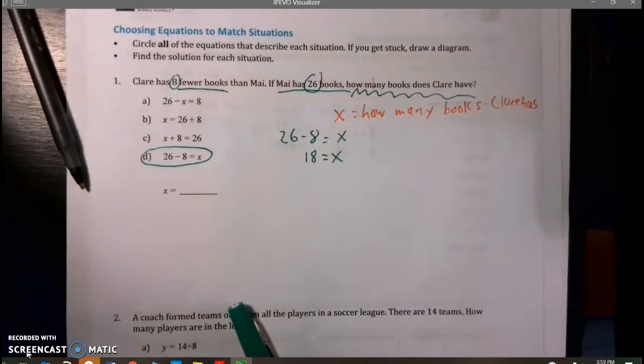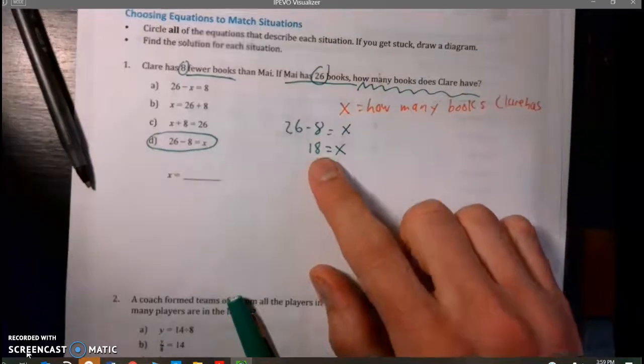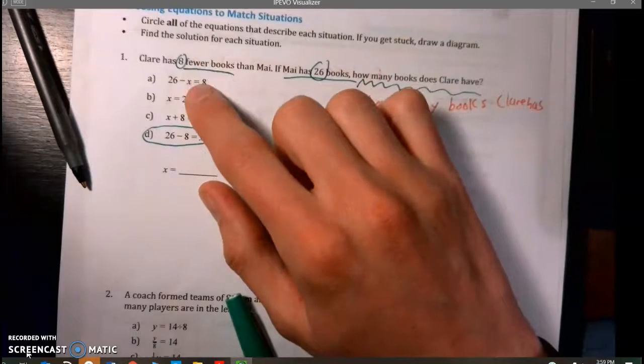So, utilizing our knowledge from our first activity on equivalent expressions, we have other expressions here that will give us the same thing. Let's see if we took this value, 18, and plugged it into these other situations.